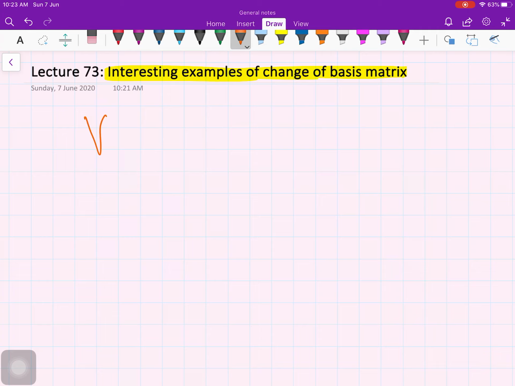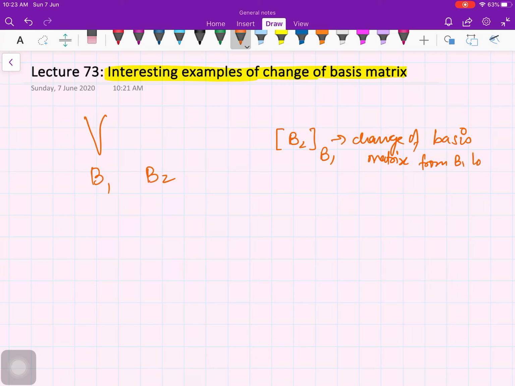We have a vector space V and we have two bases B1 and B2, and we saw that if we want to go from B1 to B2, then this is the change of basis matrix from B1 to B2, and we also write it as I, identity map B1 to B2.